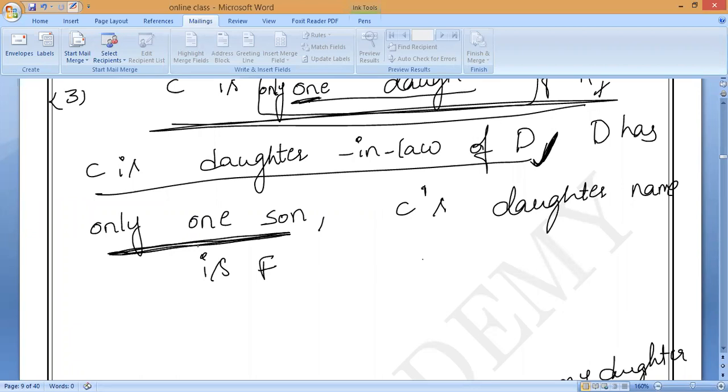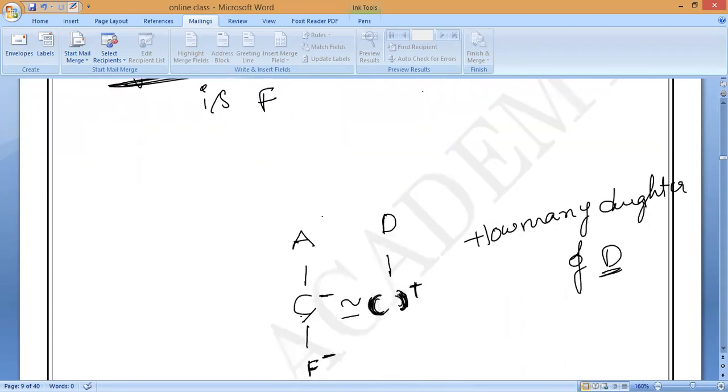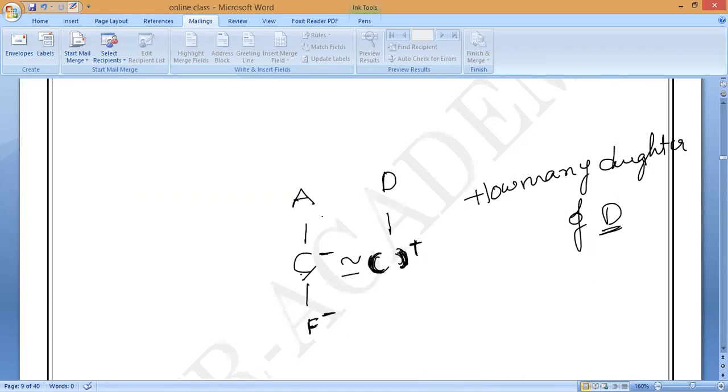We don't know, correct? It is not mentioned. D has only one son, but we don't know about daughters. So how many daughters? Can't be determined. The answer is: can't be determined.